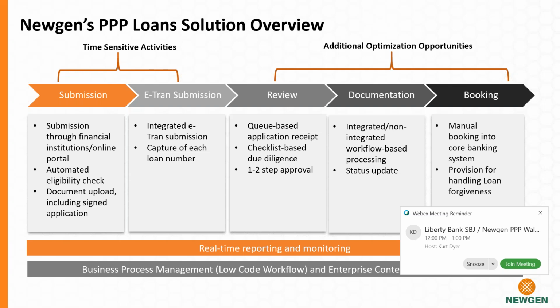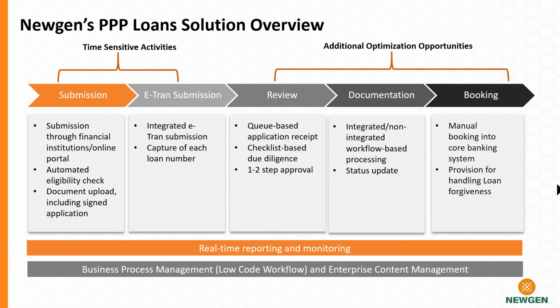The online submission is pretty straightforward. The process provides the ability to perform the eligibility checks on the borrowers before they actually submit the application. So as a financial institution, you're not trying to sift through and filter out these applications where borrowers are not eligible for the program.